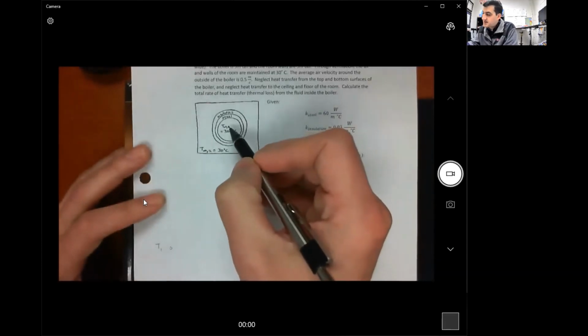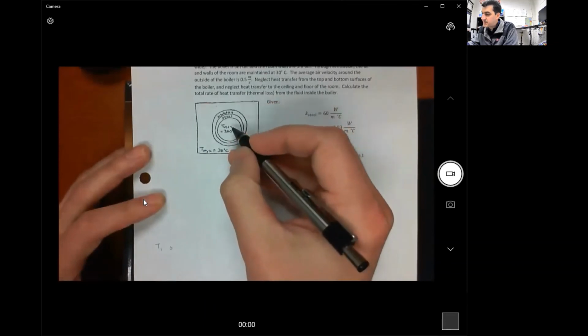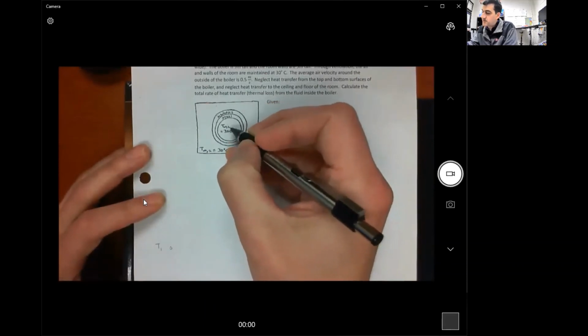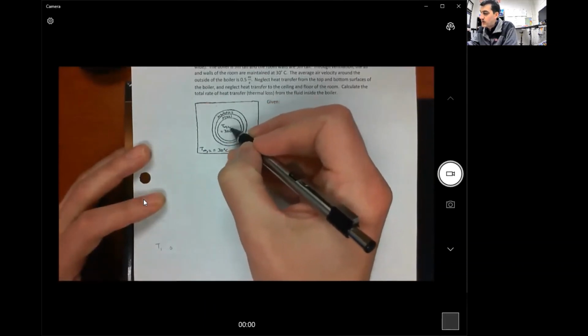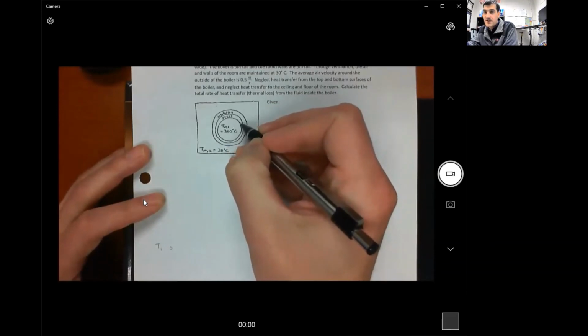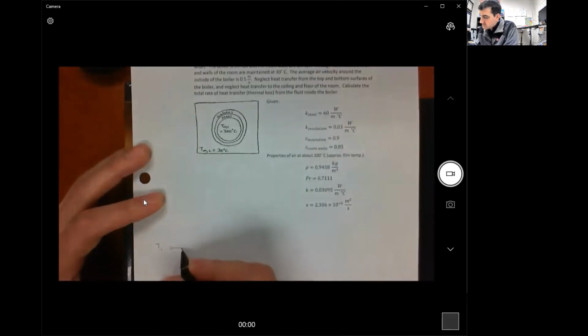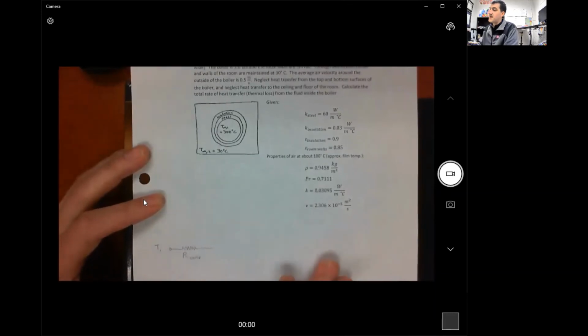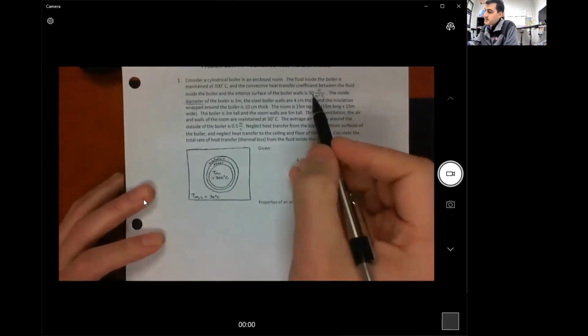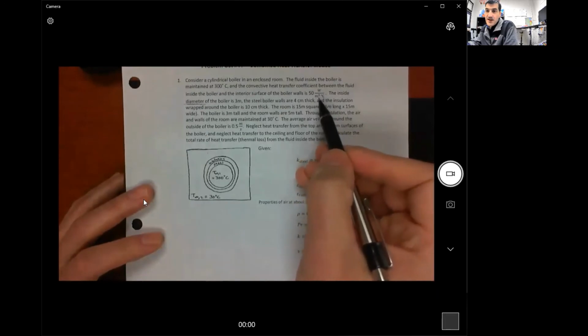But as the heat is going through there, what does it have to go through first? Well, first it has to convect from the inside of the boiler to the inside boiler wall. That's the first thing it has to do. So our first thermal resistance is a convection resistance. So I'll write R sub conv. And in this case, it's pretty nice because you're actually given H here.